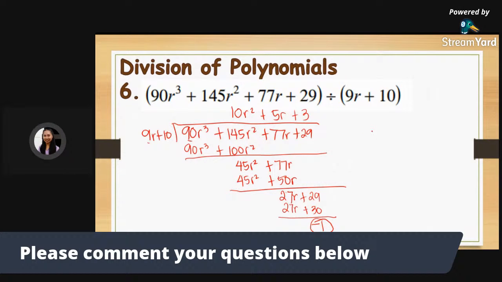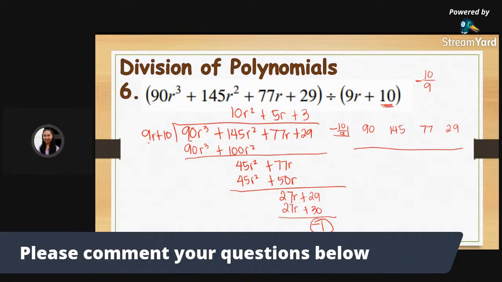So let's try to check it with synthetic division. 90, 145, 77, and 29. And our C here will become negative 10 over 9.